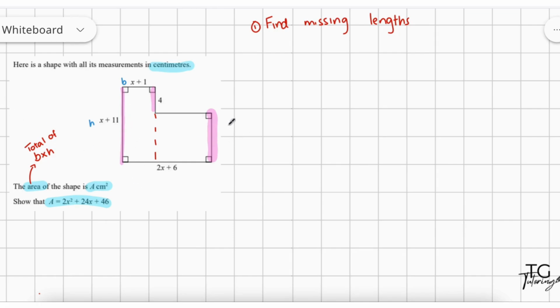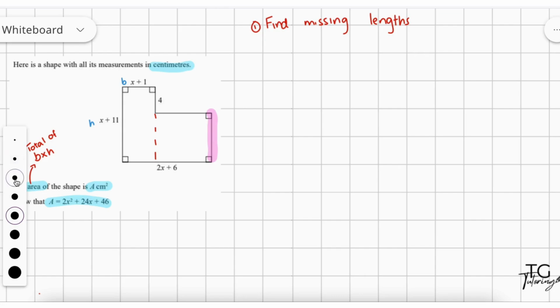So this side I could say is x plus 11 take away 4. So that's this long side take away 4. I can simplify that to x plus 7. So this side is x plus 7.